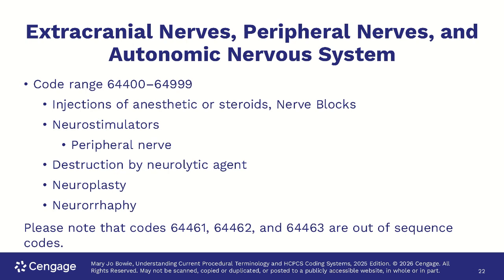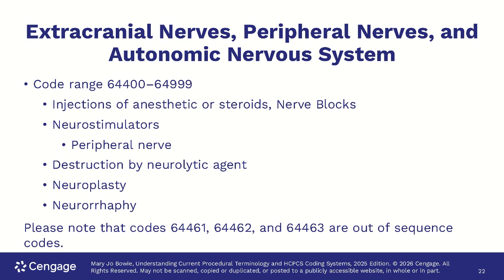You have destruction by neurolytic agent. Let me just pause for a second. Notice how we said injection of anesthetic or steroids, nerve block, or destruction by neurolytic agent. So I guess my point is just pay attention to what is happening.